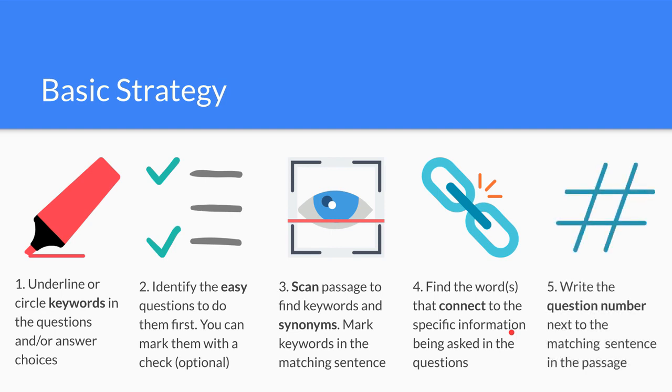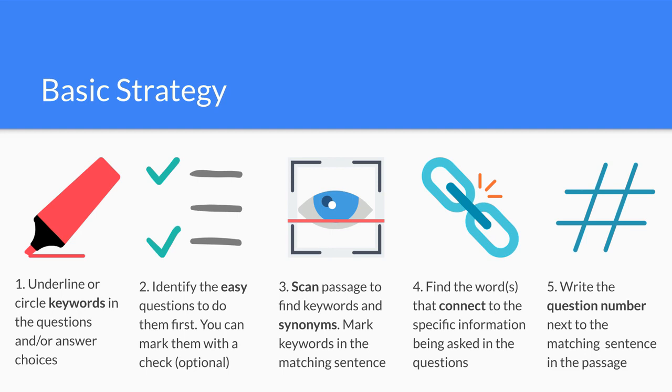And finally, once you have found the answer, simply put a little number next to that line where you have found the answer. The reason for this is the same as the reason that we discussed for fill in the blank questions. These questions go in order.